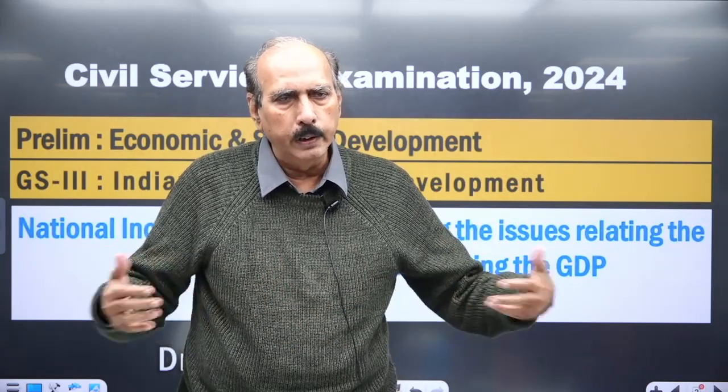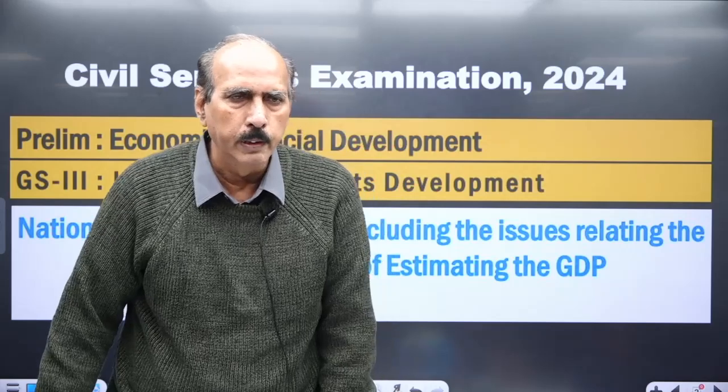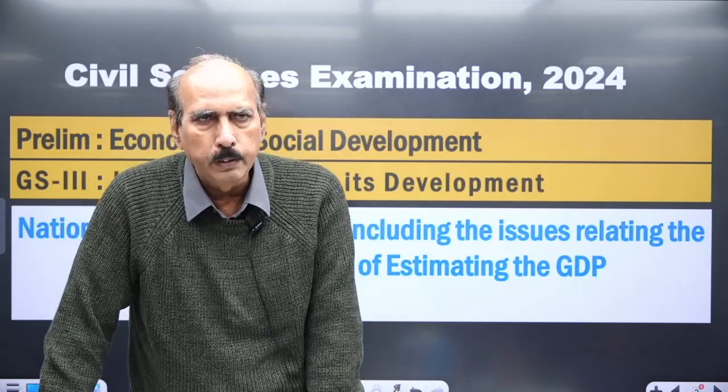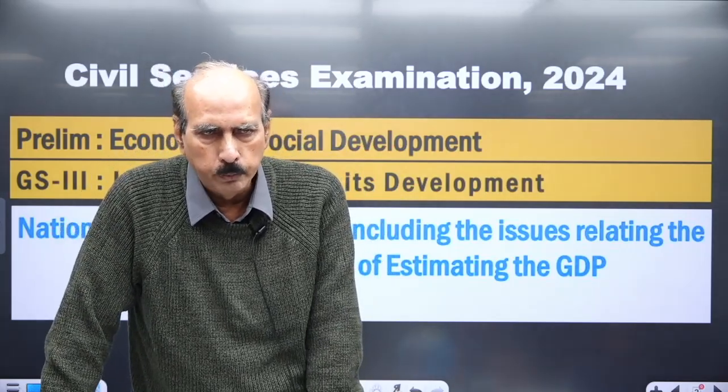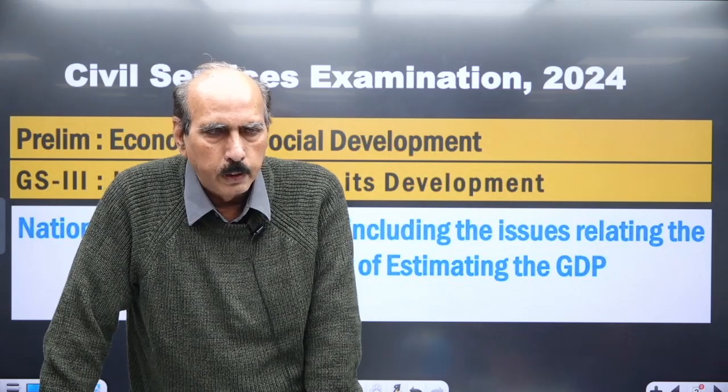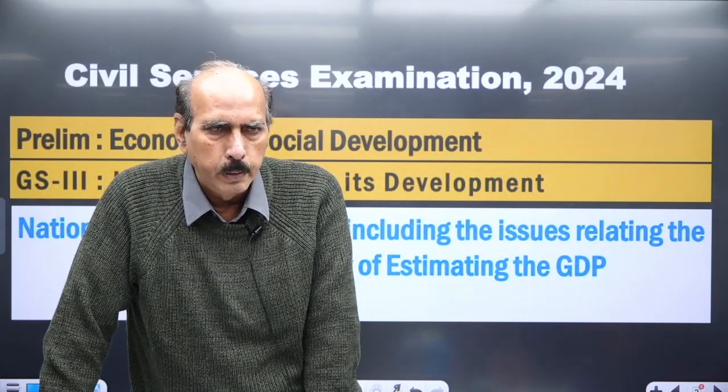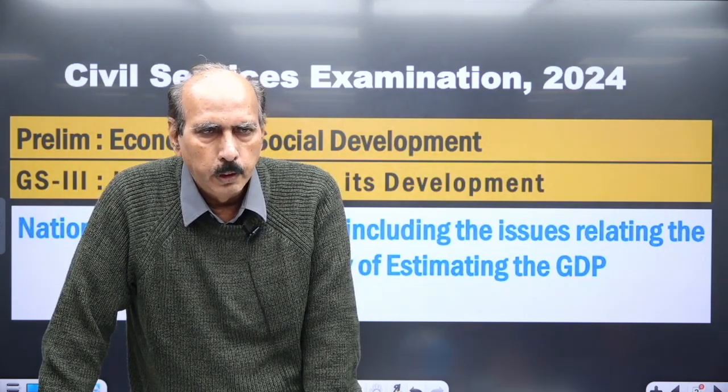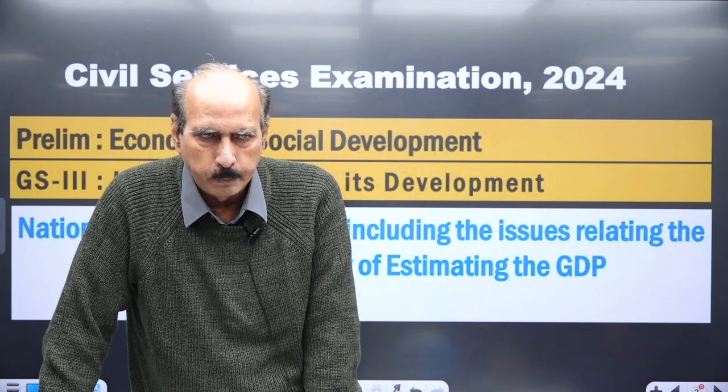The mechanism will be developed automatically in the society so that the benefits of growth flow to all the sections. Everyone will get the benefit of the growth. That was the assumption, and this assumption is called the trickle down theory.